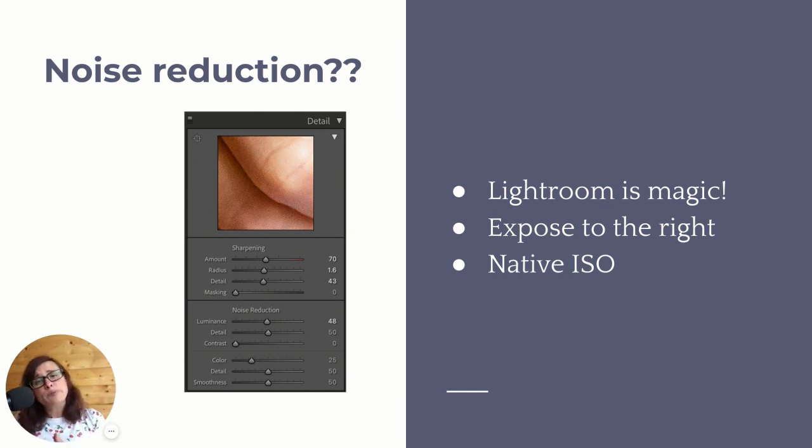If you're doing the opposite and you underexpose your image, your pixels do not capture enough information from your scene. Therefore, when you go back into Lightroom and increase the exposure, the software just has to make up for the loss of information.